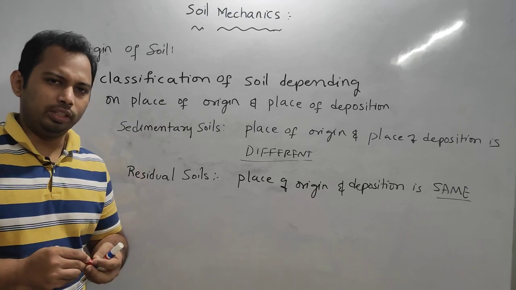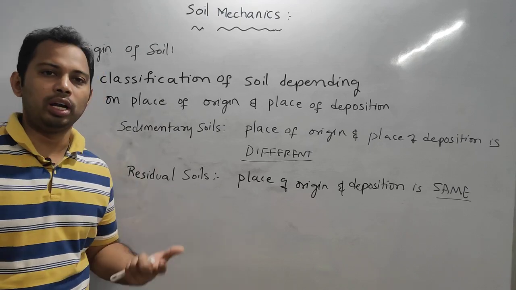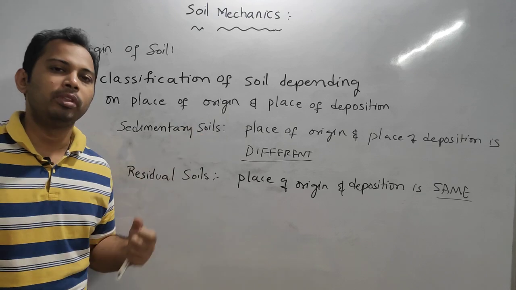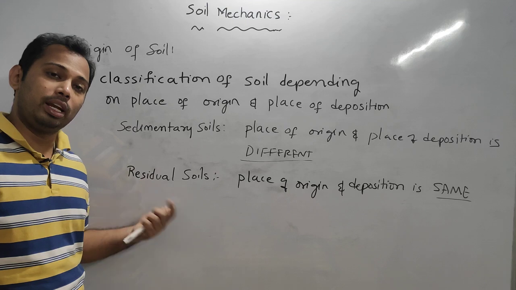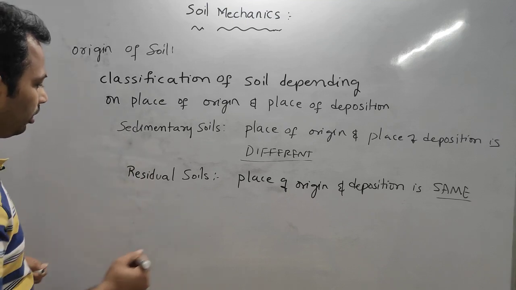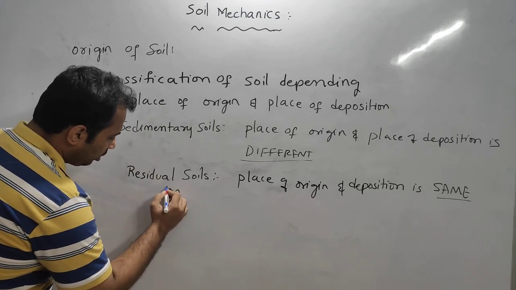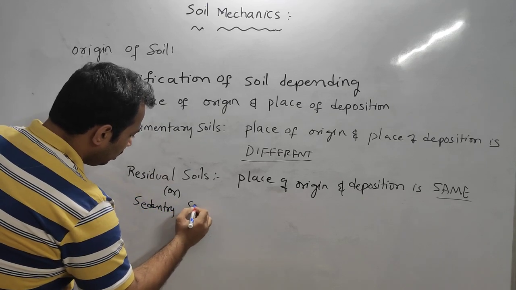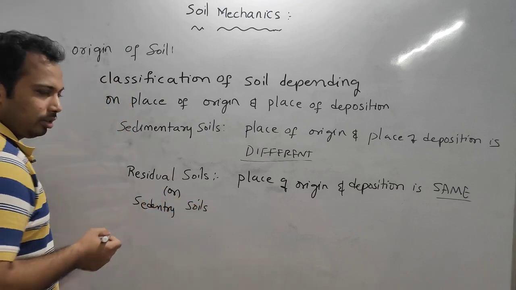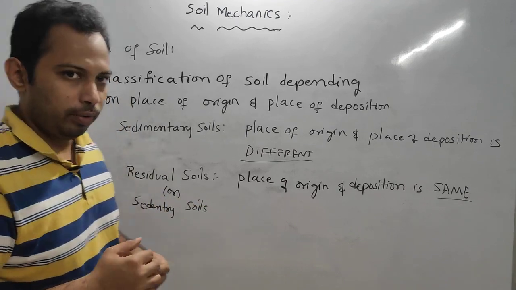So generally, residual is a term by which you can understand that it is a residue form. So that is why generally they won't ask you the name in this format. There is another name for this, that is sedentary soils. When it is easily understandable, that kind of question will not come.